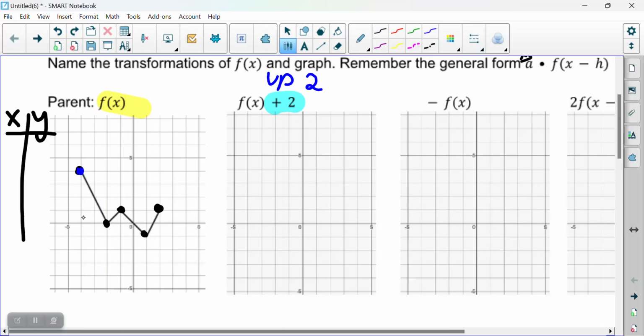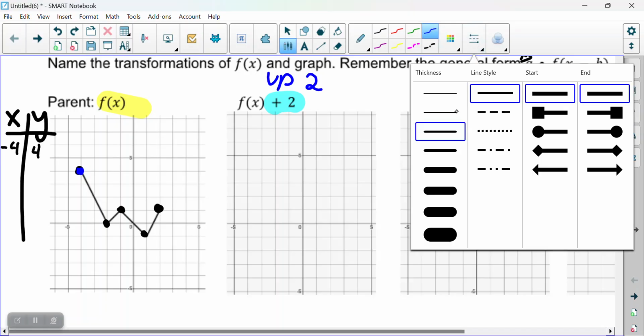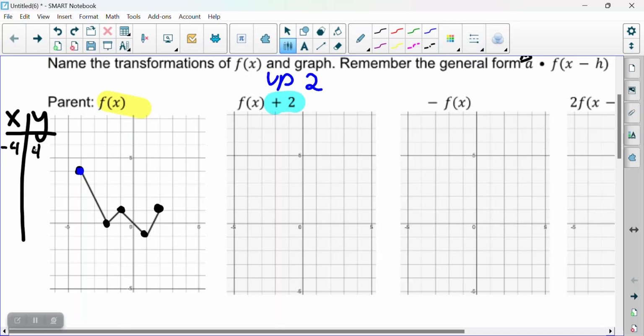1, 2, 3, 4. 1, 2, 3, 4. So it's a negative 4, 4. If I move it up 2, that means this y value, up and down, is going to change the y values. This one's going to go up 2. So negative 4, 1, 2, 3, 4, 5, 6. It moved up 2.